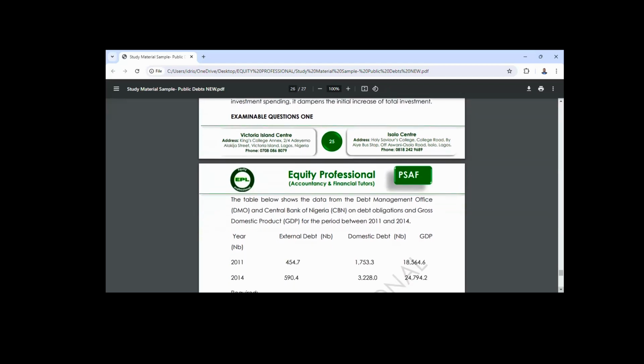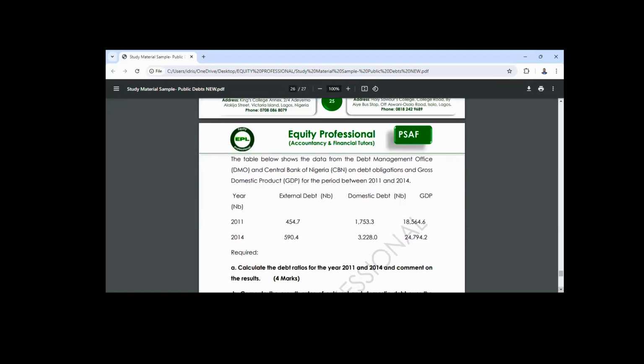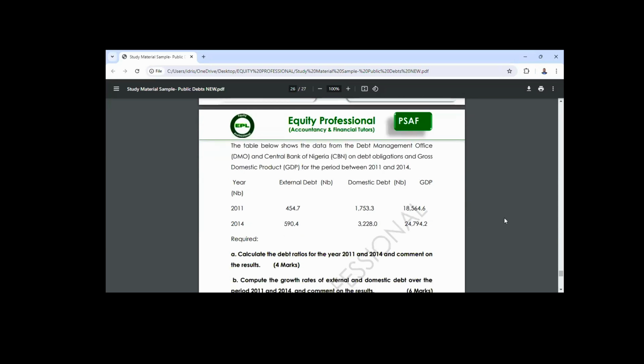The table below shows the data from the Debt Management Office and Central Bank of Nigeria on debt obligation and gross domestic product for the period between 2011 to 2014. We have years, external debt, domestic debt, which is internal debt, and we have the GDP.